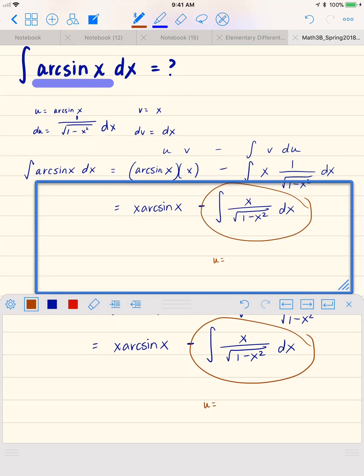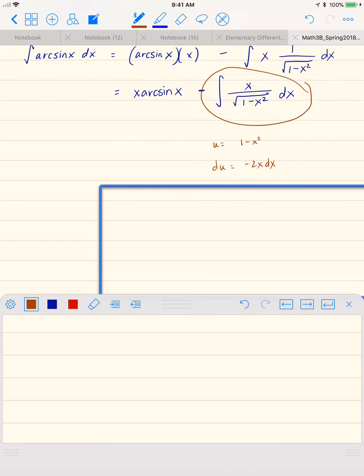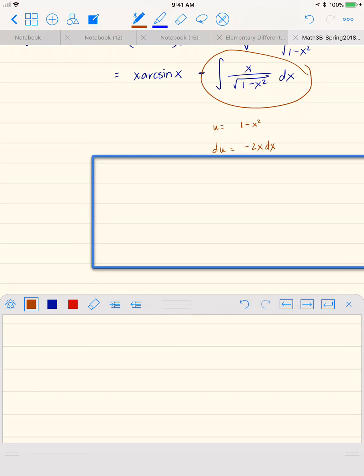I'm going to let u equal 1 minus x squared. Du is going to be negative 2x dx. So my original integral of x over the square root of 1 minus x squared dx is going to be equal to the integral, and on the bottom here, I'm going to have the square root of u.